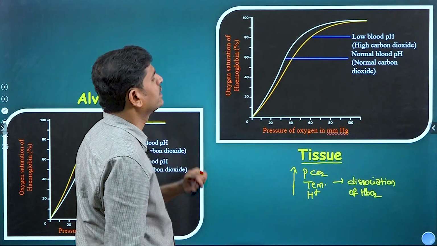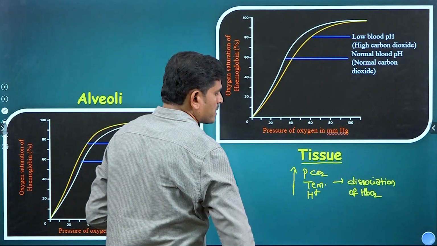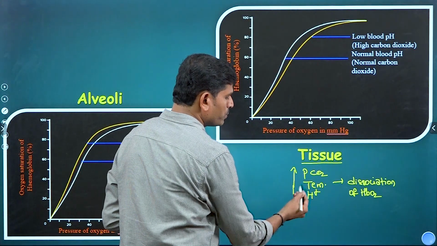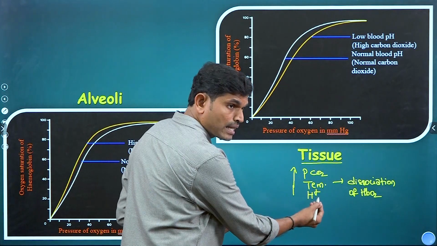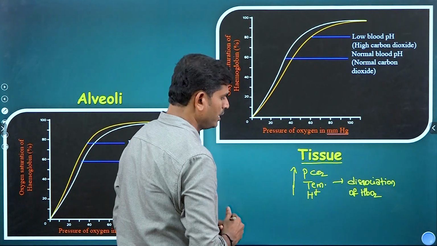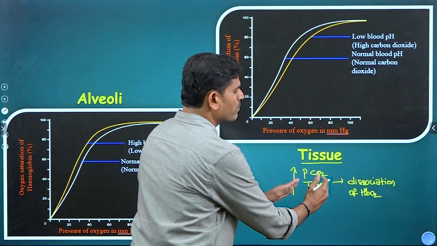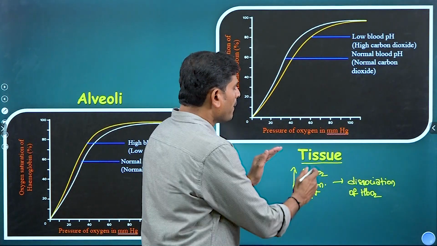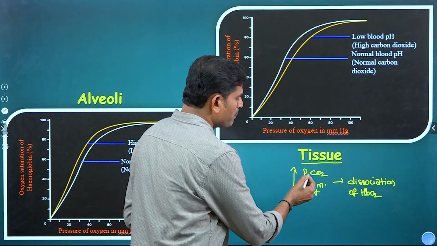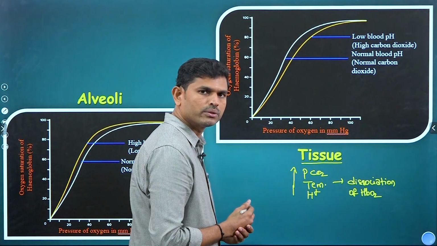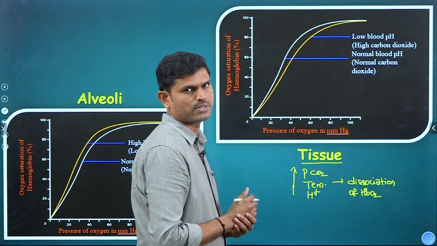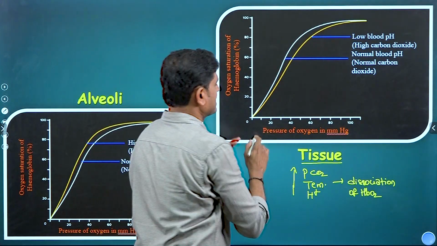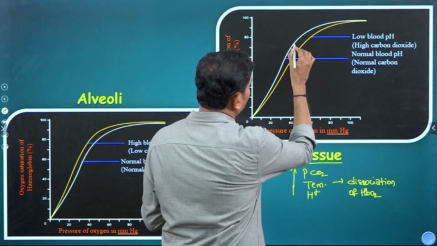Now we can see that in tissues, we know PCO2, temperature and H plus ion concentration are higher. All these factors favor the dissociation of HbO2. Here we can simply remember one thing: if PCO2 is higher, then PO2 will be lower. So now the percentage of saturation will automatically decrease.